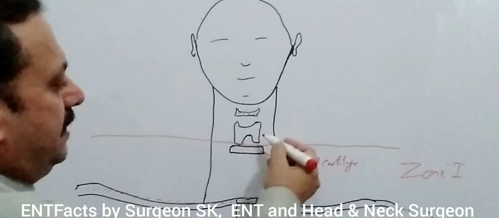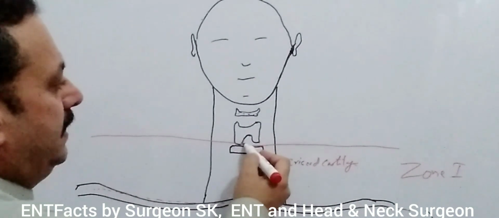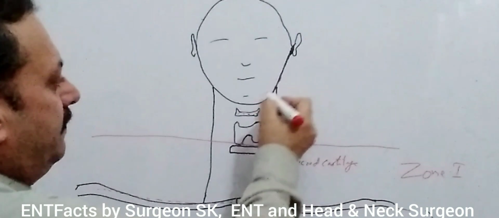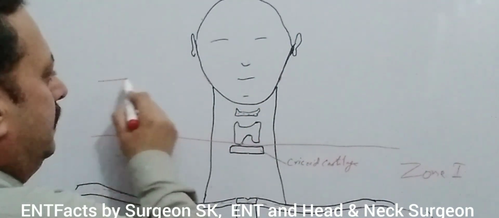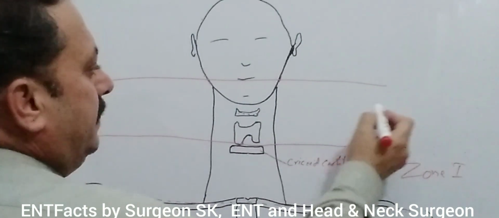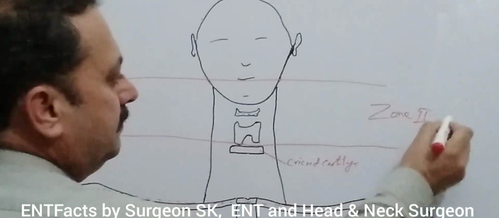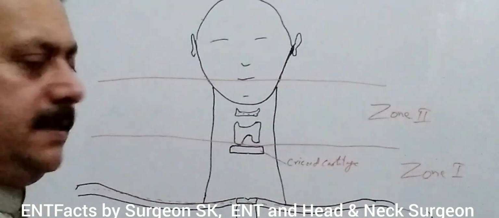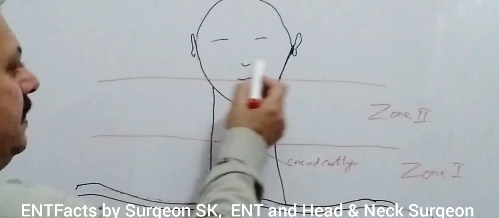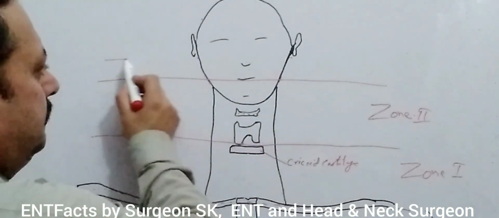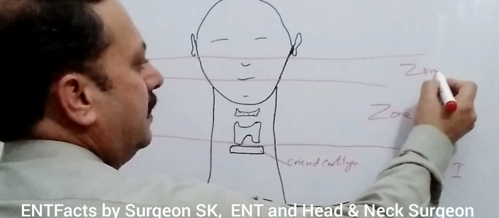The area of the neck which lies between this line, I mean the cricoid, and the angles of the mandible. Here is the angle of the mandible. This area is called zone 2. The area of the neck above this line up to the base of the skull is called zone 3.